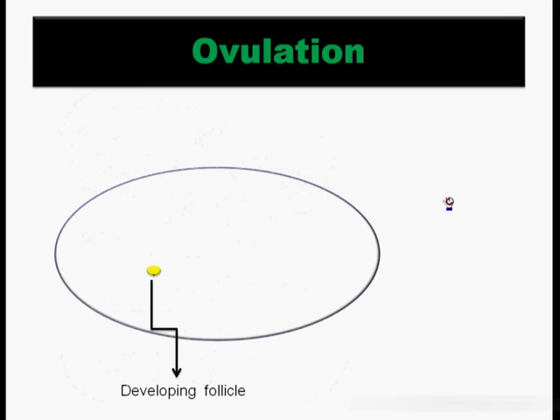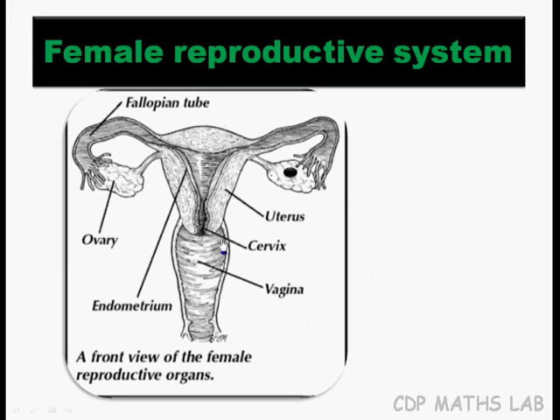Now, we're going to be looking at a concept called ovulation. All right? Let me go back a bit. Now, this egg, once a month, is released from the ovary into the fallopian tube, and the movement of the egg from the ovary to the fallopian tube is called ovulation.